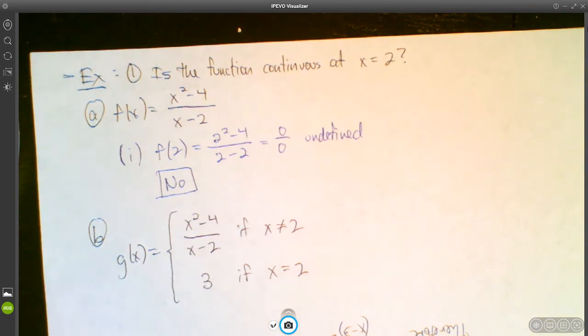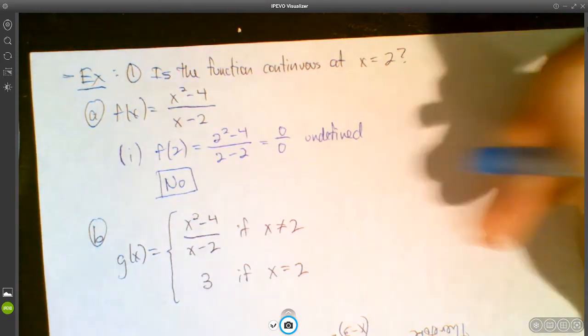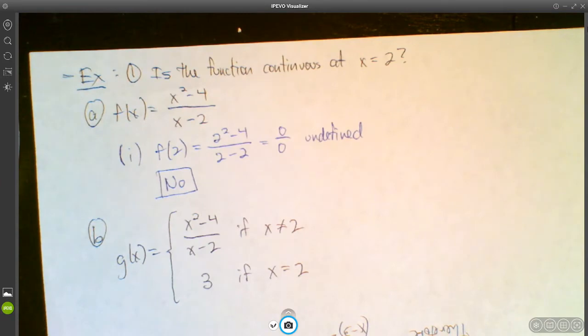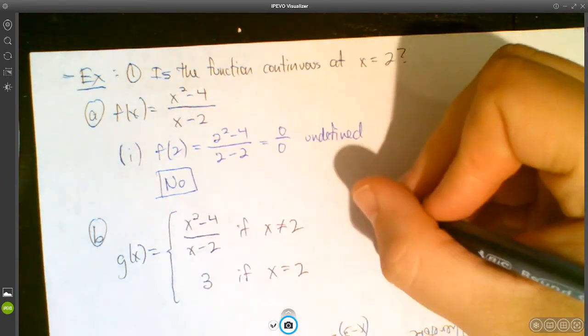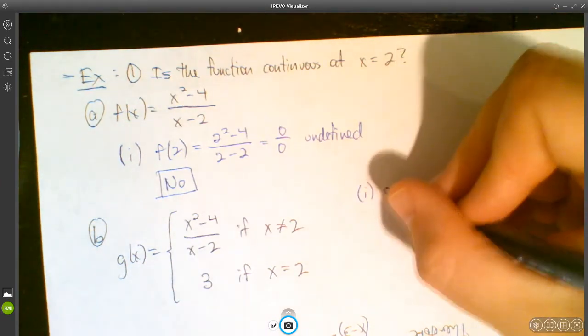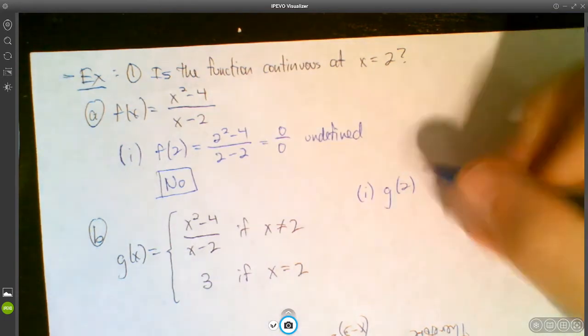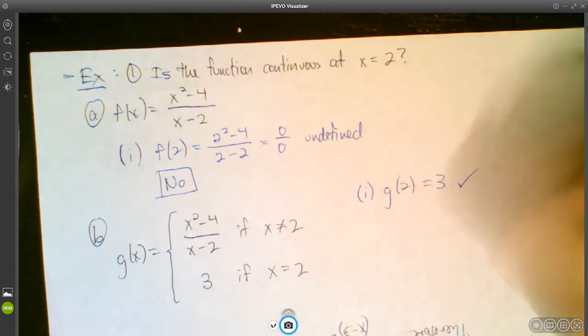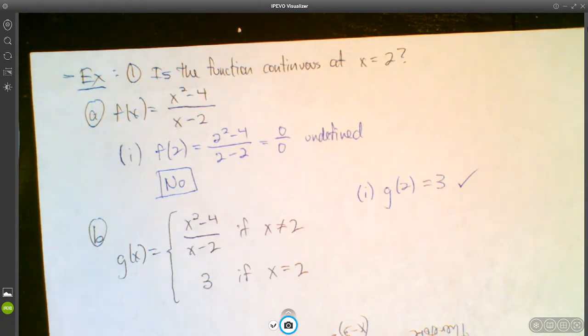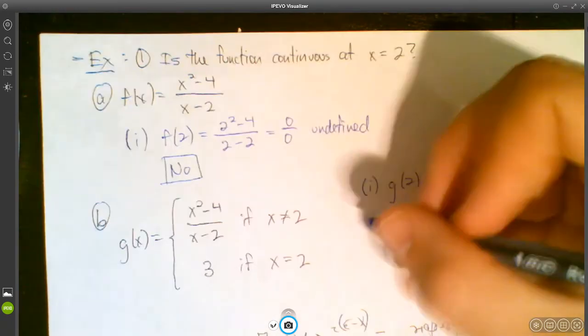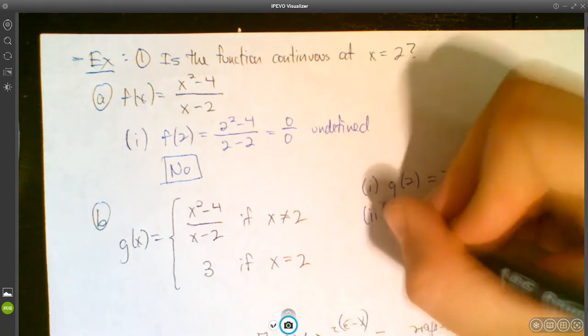So is that function continuous at x equals 2? Well, let's see. So checking the first condition, g of 2. So g of 2, if x equals 2, then we use the bottom rule, right? So g of 2 equals 3. Okay, so that value is defined. Condition 1 is met. Condition 2.